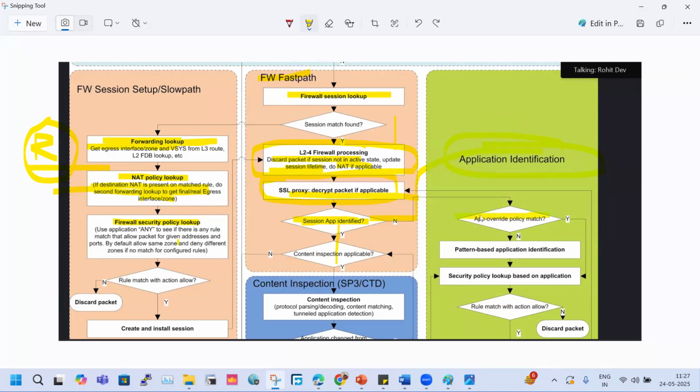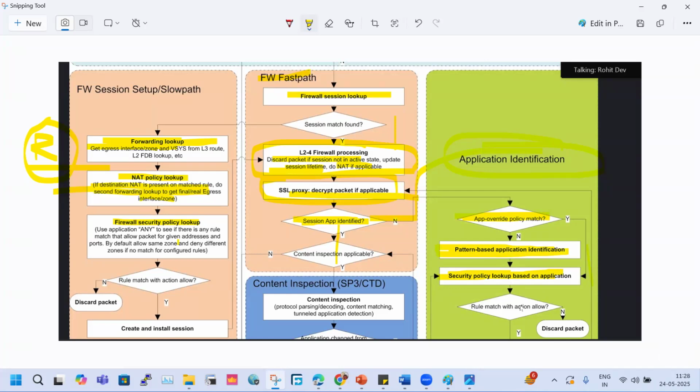So it will check the override policy, whether we have any override policy or not. If an override policy is there, then it will do the policy lookup based on the application. If there is no override policy, then it will go for the application identification based on the application signatures, right? So guys, here you can see the security policy is matched against the application.